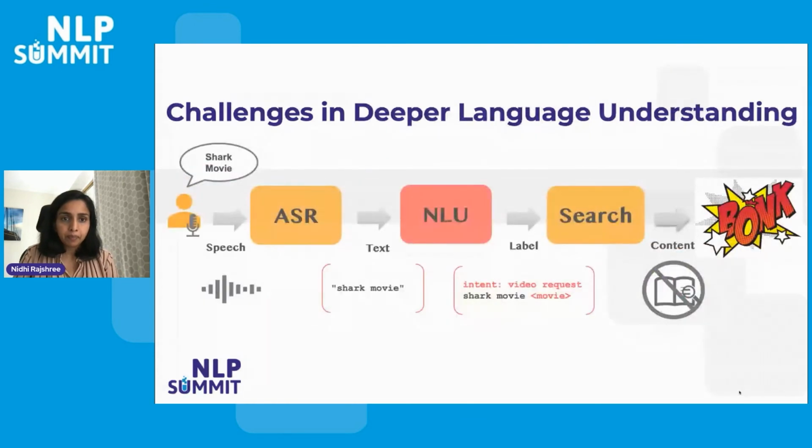Okay, so now let's look at the final challenge, which is deeper natural language understanding, where we want to go beyond shallow understanding to understand what the user meant, even if they didn't precisely put forward their query, or maybe used loose speak. It is not uncommon for users to issue these imprecise queries in the entertainment domain.